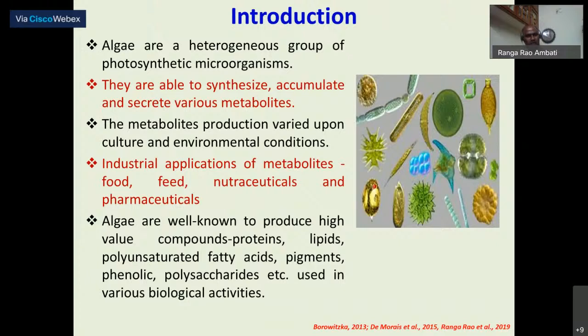And this is one of the important points. The metabolite production varies upon the culture and environmental conditions. And as we know, these metabolites can be used in various applications, as I mentioned, food, feed, nutraceutical aspects. And algae produce various bioactive compounds, proteins, polysaccharides, polyunsaturated fatty acids, pigments and phenolic compounds. So lipids, people are using for various purposes. Next slide, please.